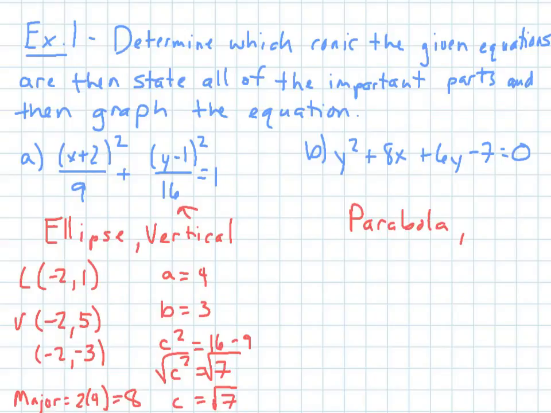Okay, so I need to be able to put them in the proper position first. So I need to move the x and the number to the other side because I don't need them. So okay, that gives me y squared plus 6y, and I want to be able to complete the square.